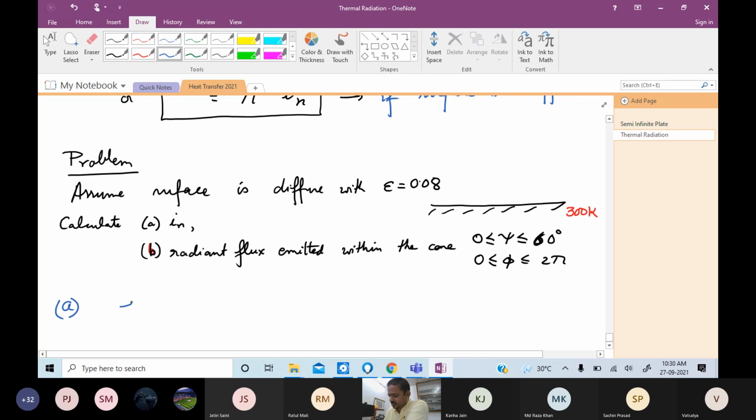E is given by Stefan-Boltzmann. Epsilon E_b, so definitely 0.08 times sigma T to the power 4. So you will get it. Therefore, I_N would be E by pi.